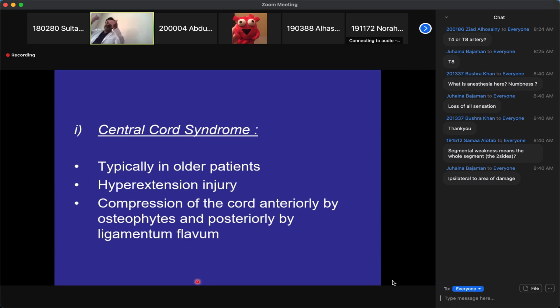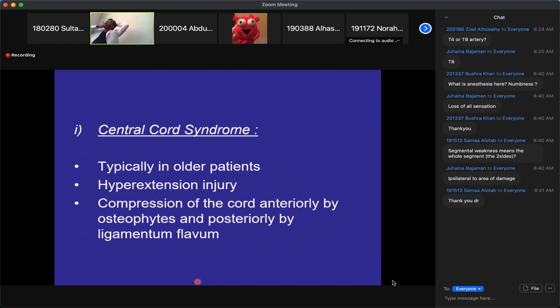There is degeneration of the vertebrae in old age people, and if they have a whiplash type of injury where your neck goes back like this, there is a ligament at the back or degeneration of the bones at the back. So the spinal cord is compressed in the center. The central piece of the spinal cord is compressed because there is rigidity at the back, and you have a whiplash type of injury.